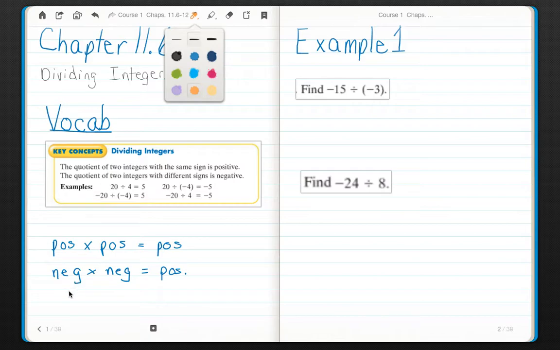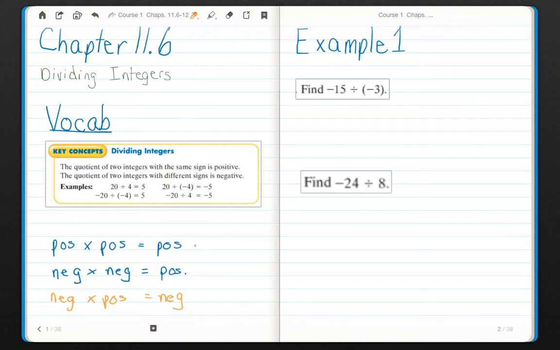And finally we learned that a negative times a positive equals a negative. So if I have one of each, a negative and a positive, my product will be negative. If both factors are positive or if both factors are negative, my product will be positive.